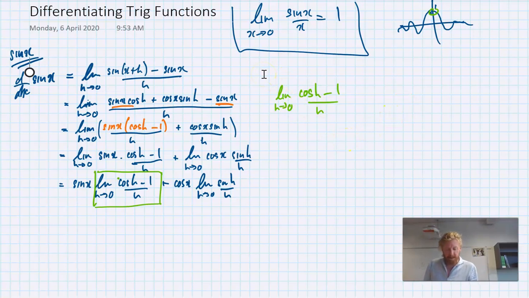So what I'm going to do, and this is a bit tricky, is multiply by cos h plus 1 on cos h plus 1. Now, I've just multiplied by 1, so it's all cool.